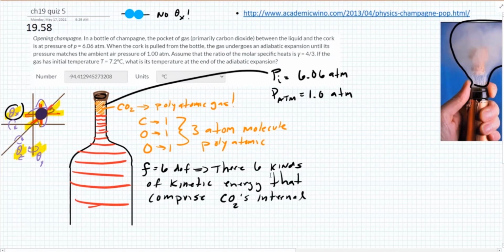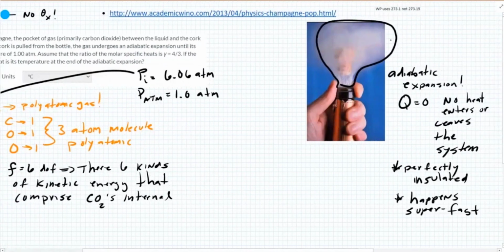All right, so when the cork is pulled from the bottle, the gas undergoes an adiabatic expansion. And you see this fog because it's cooling. Adiabatic expansion means it's expanding, and if this gas expands and there's no heat that flows into it to keep the temperature constant, its temperature is going to be decreasing.